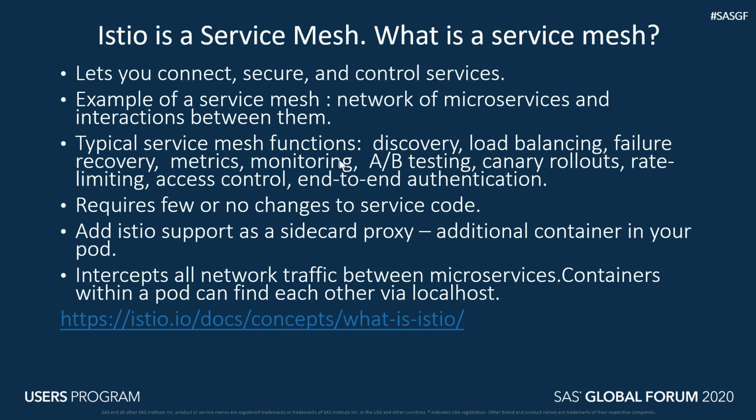It's a sidecar container, another container running alongside the other containers with a proxy built into it, so that it intercepts all the network traffic and can do all these different things by being able to control or filter the network traffic intended for the microservice.